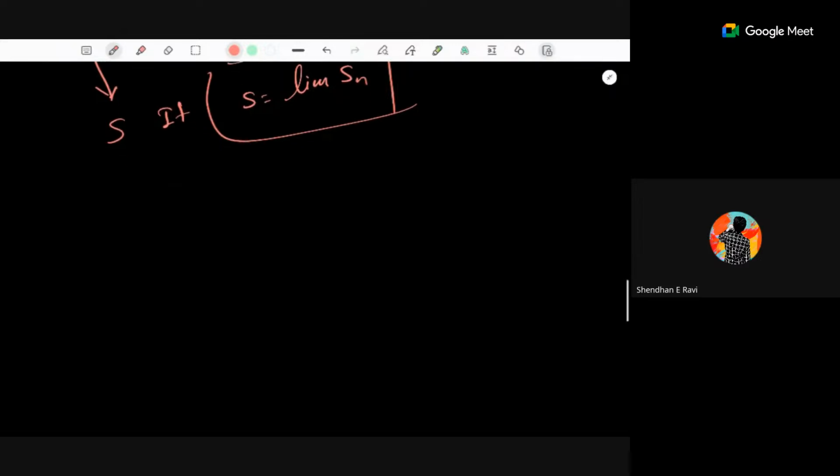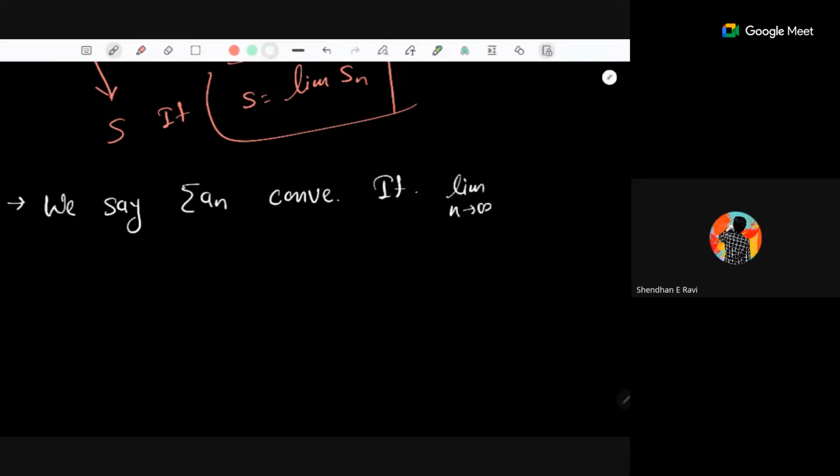So what is the meaning of convergence of a series? We say summation an converges if the limit as n goes to infinity of Sn is a finite number.